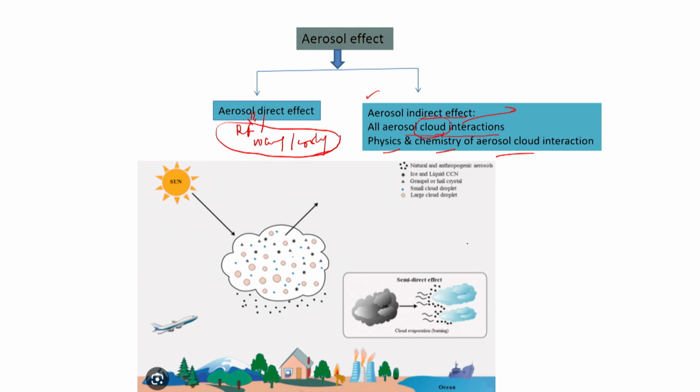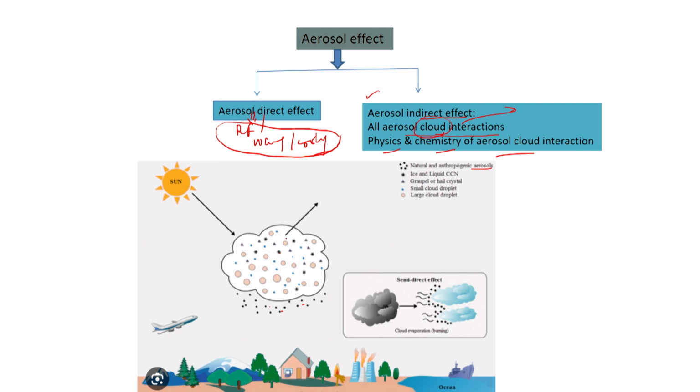This is very important. So if you have different types of aerosols in the clouds, you can have, for example, natural and anthropogenic aerosols. These small dots are small particles here. You can have ice and liquid particles, then graupel or hail crystals, and then small cloud droplets.